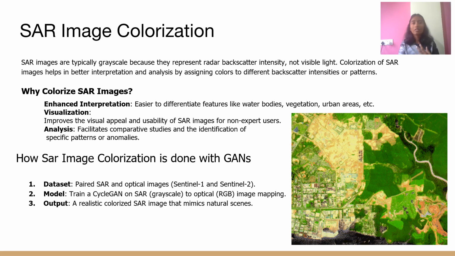We are doing this in three methods. Dataset: we are using paired SAR and optical images sourced from the Sentinel-1 and 2 dataset, which is from Kaggle. The SAR images provide the grayscale radar data, while the optical images serve as the ground truth for the colorization.